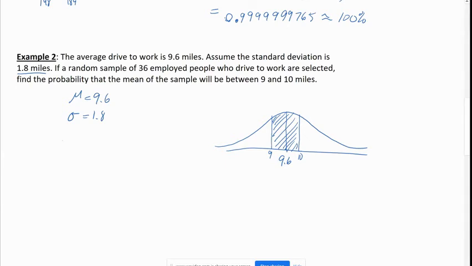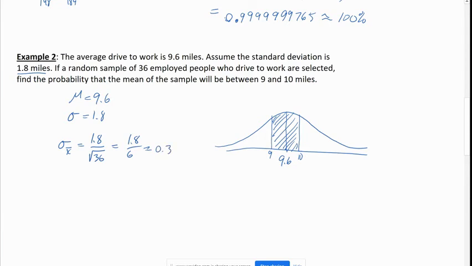So we want to calculate the standard deviation of our sample means, which is the normal standard deviation, 1.8, divided by the square root of 36. That is 1.8 over 6, or 0.3.